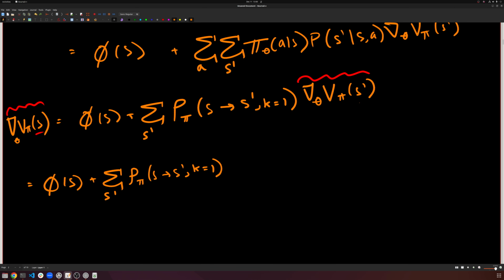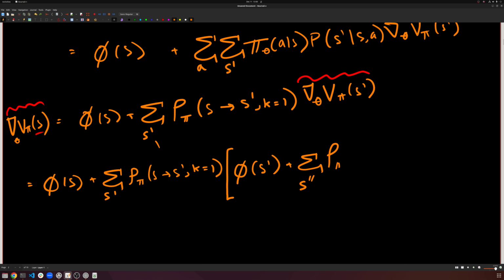But what is this? This is exactly this expression just for the next state. So let's just write it out. This is going to be phi s prime, not phi s, but s prime because it's for the next state, plus the sum over s, not s prime, the next state, but s double prime, so the next next state.